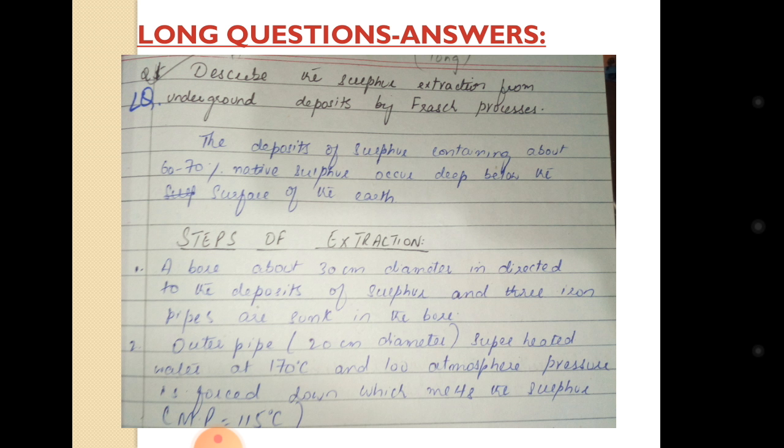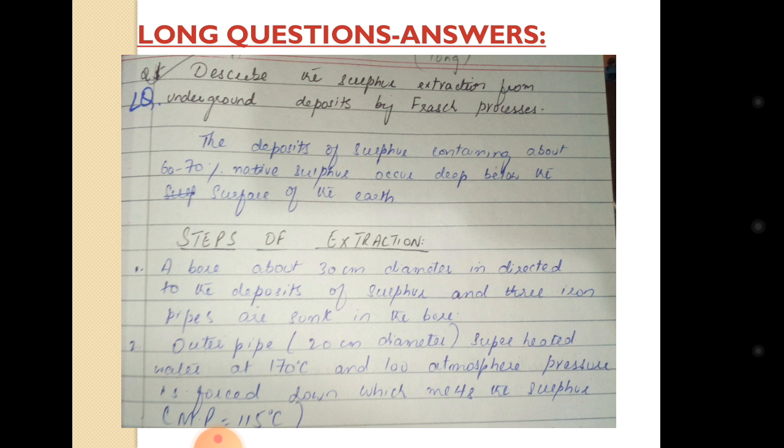They start digging with machines, using a huge amount of electricity, digging the land until the water level has come. The same procedure is followed here. As sulfur is also present in the layers of the earth, to get that sulfur we need a particular process called the Frasch process.